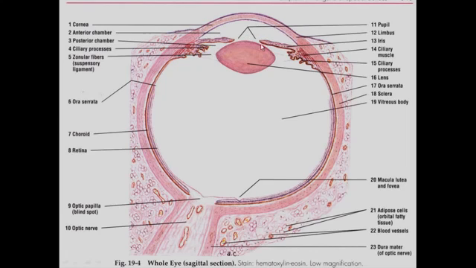Pupil in through here, the iris, the ciliary processes, cornea, lens, and the retina. The macula of the retina is the most sensitive portion of the eye, and then this would be the blind spot where the optic nerve comes in.